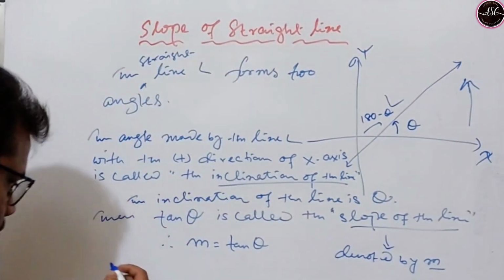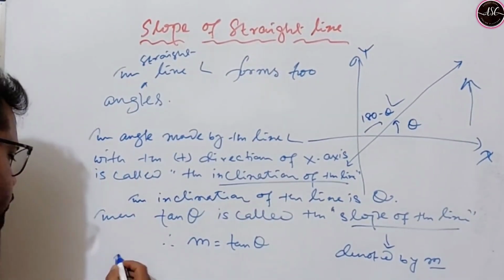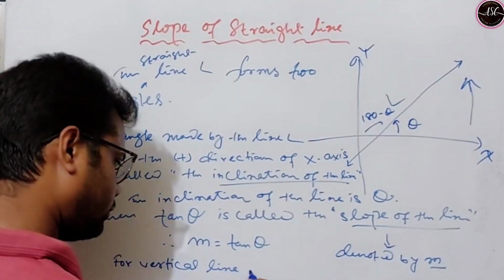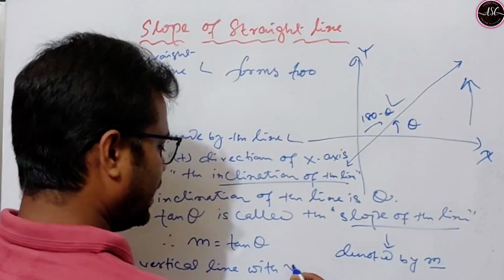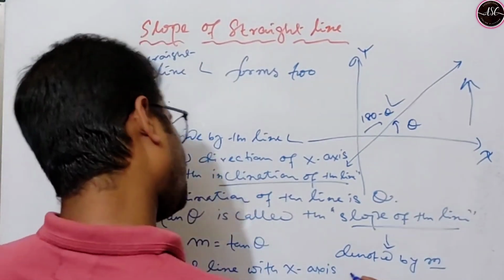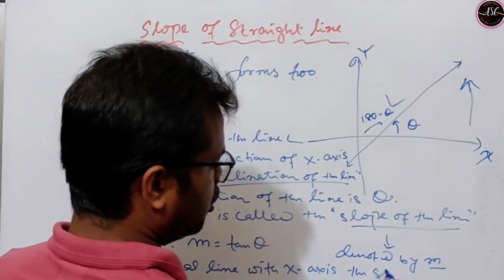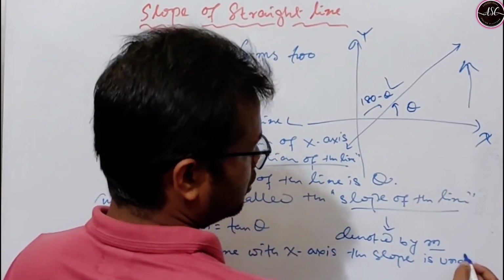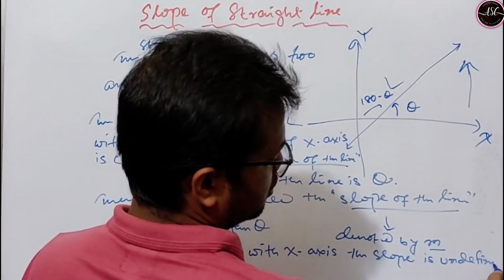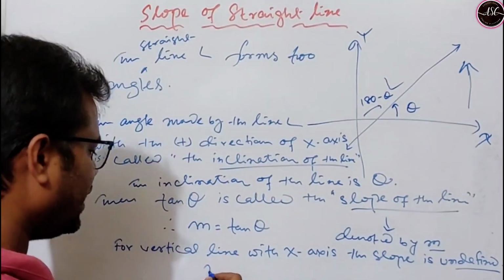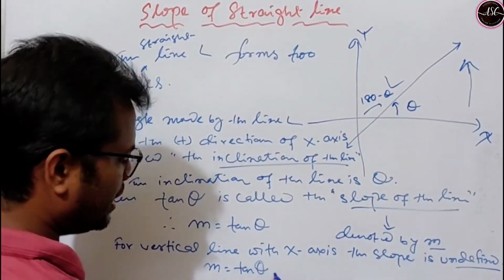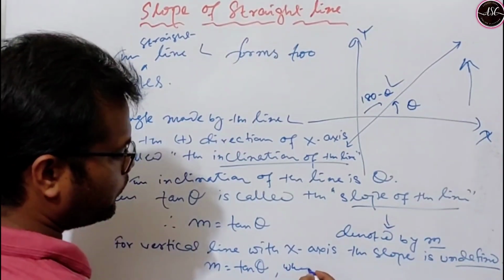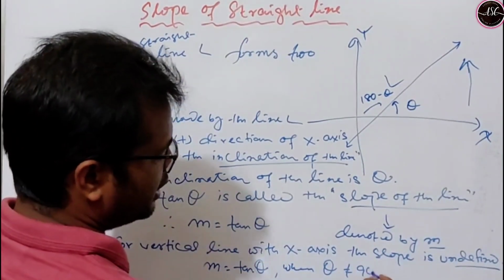So for a vertical line with x axis, the slope is undefined. Okay, so we can write m is equal to tan theta when theta is not equal to 90 degree.